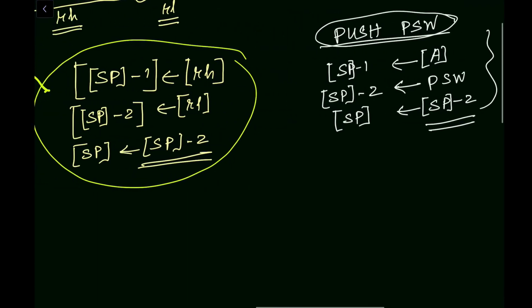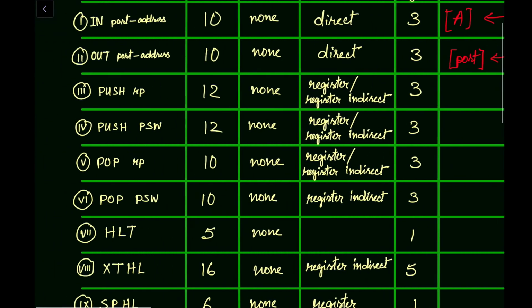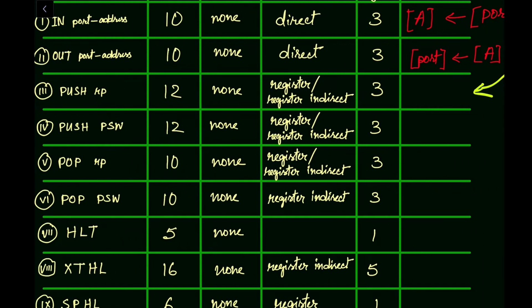So what is the function of push PSW? First of all, the content of the accumulator will be pushed into the stack, and then the content of the status flags are also pushed into the stack. Program status word means whatever the status flags are, we have already seen the various status flags.